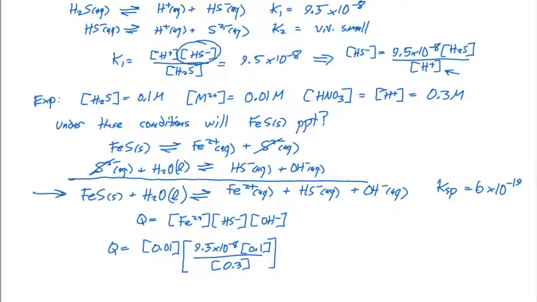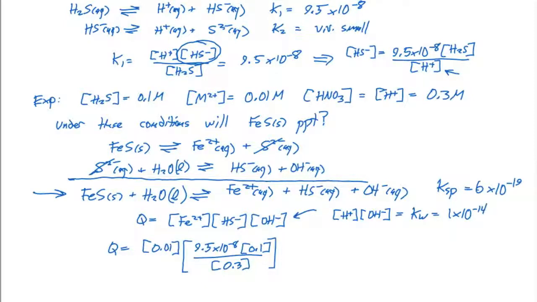The concentration of the OH- can be determined using the Kw. Remember that the concentration of H+ times the concentration of OH- is going to equal Kw, which is equal to 1 times 10 to the minus 14.